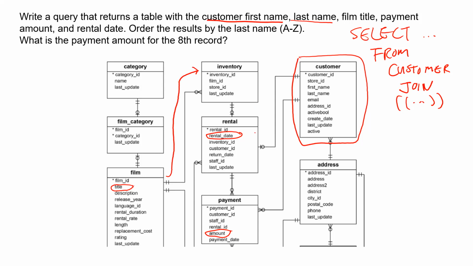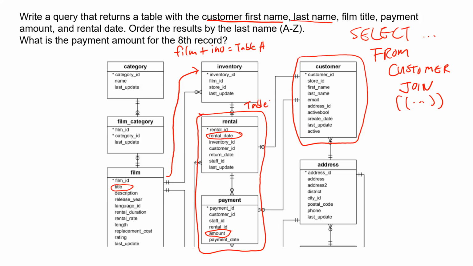One way to think about it is the film plus the inventory gives you what I'll call table A. Then the combination of rental and payment will give you table B. Then you do a join between these two tables.